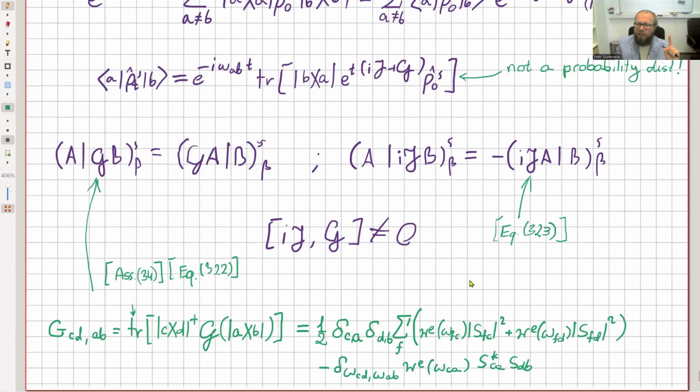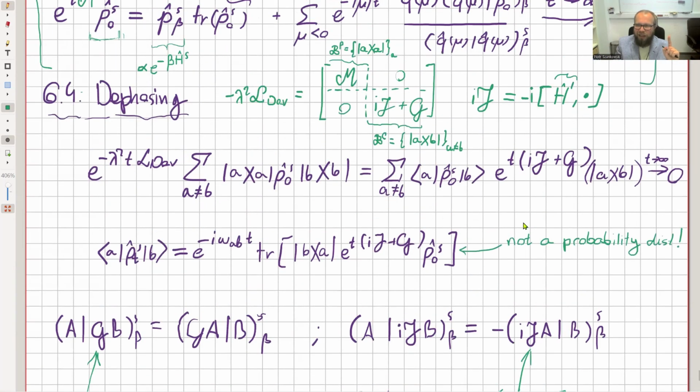To get a full proper thermalization, to get the full dephasing, where stuff on the off diagonal of the density matrix goes away, we need to show that the eigenvalues of iJ plus G are strictly negative, or at least the real part of those eigenvalues is strictly negative.